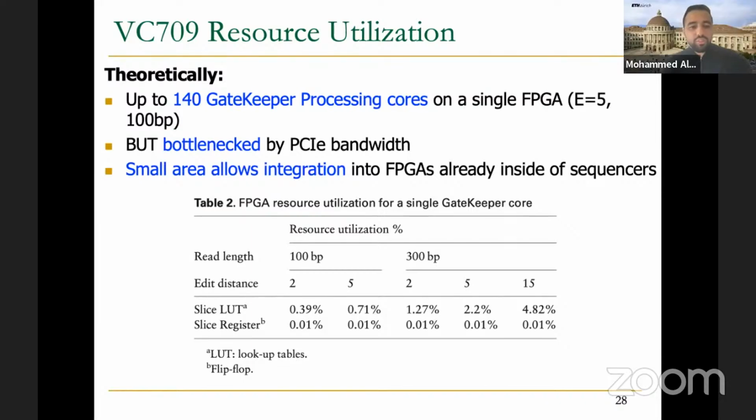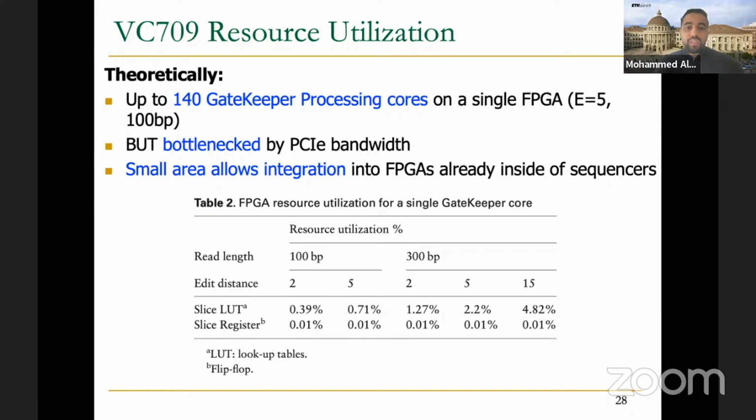This is the resource utilization from implementing GateKeeper. As you can see, this is for a single problem of length 100 or 300, and the resources used are less than 5% of the total resources we have in the FPGA.